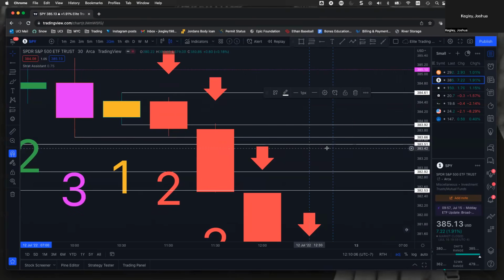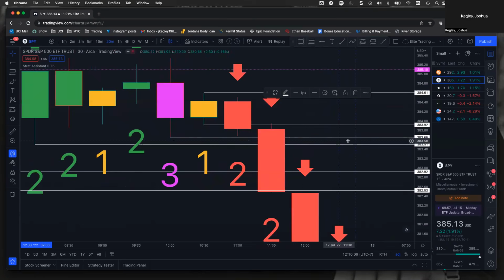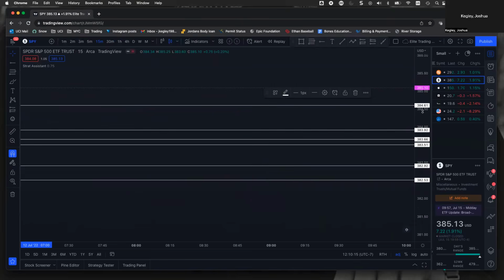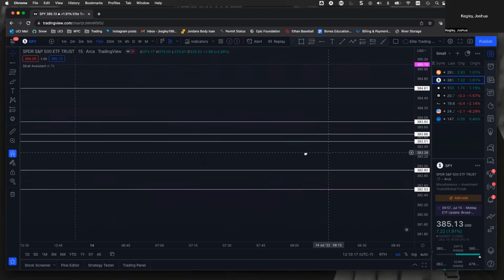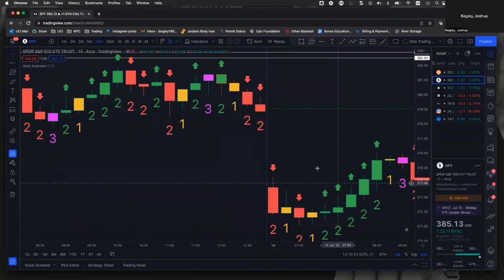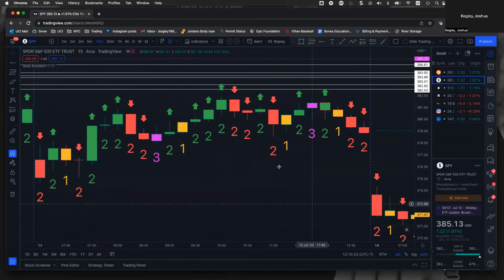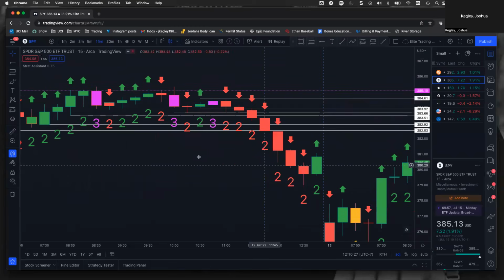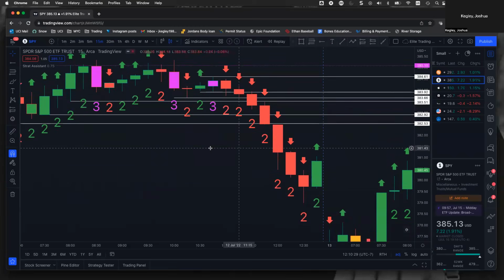So hopefully this was helpful for you guys. This is a 30-minute, like I said, 15-minute. I don't know if we would have caught a 3-1-2 reversal per se. But just going back to, let's see.